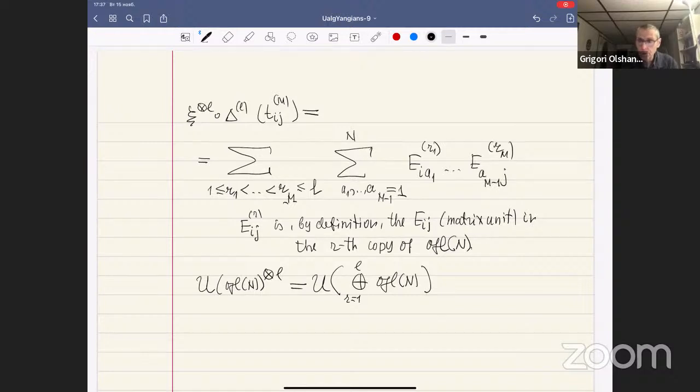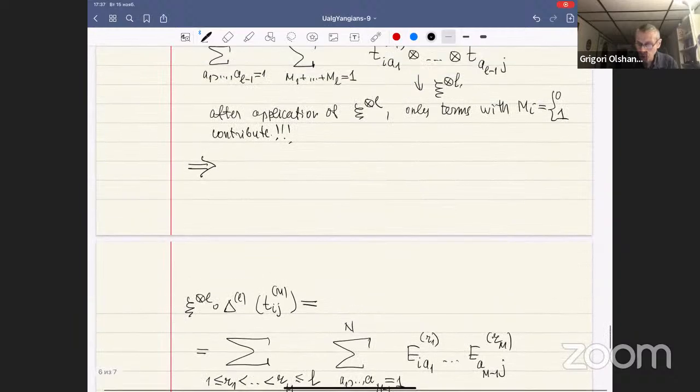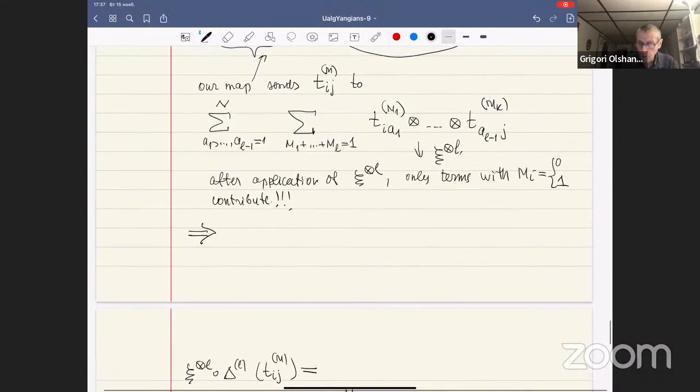From the very definition, if you look at this product and remark that when the upper index is equal to 0, then it should be the Kronecker delta. And if it is equal to 1, it is a matrix unit in the corresponding copy.